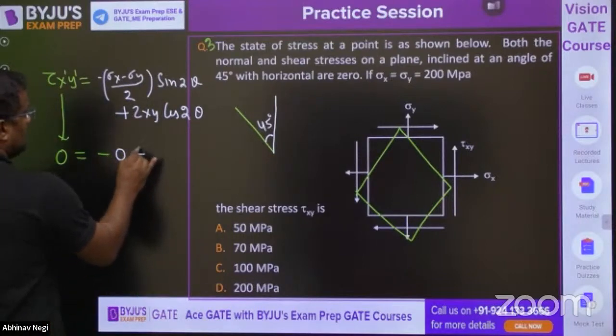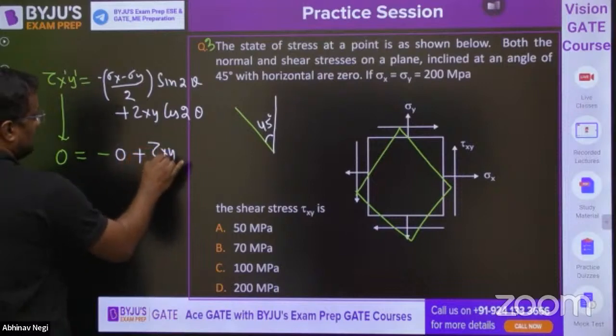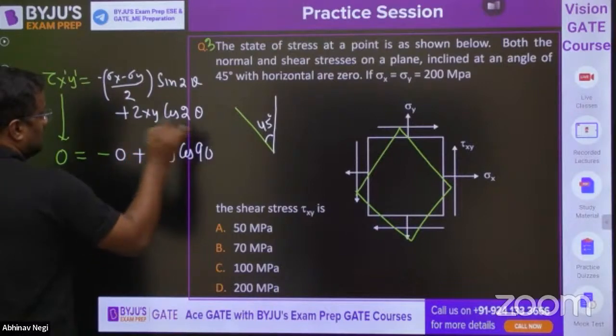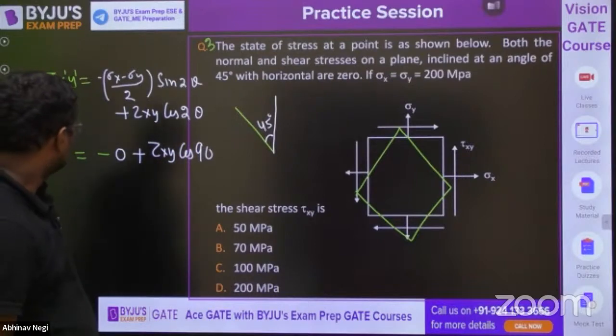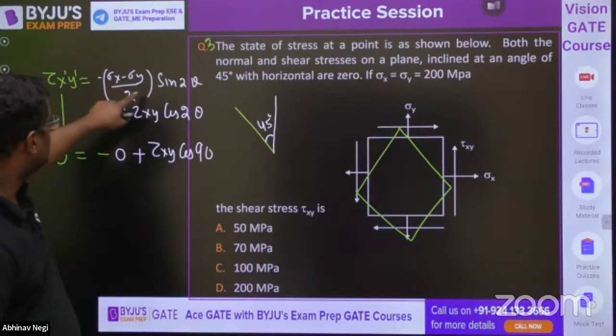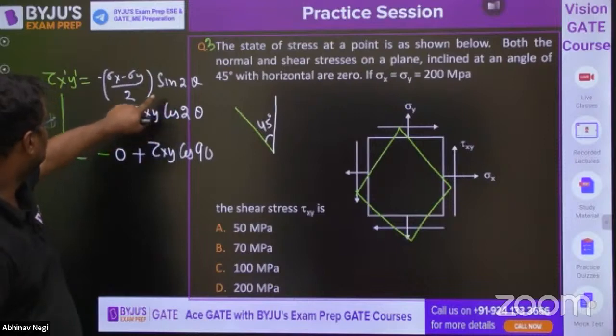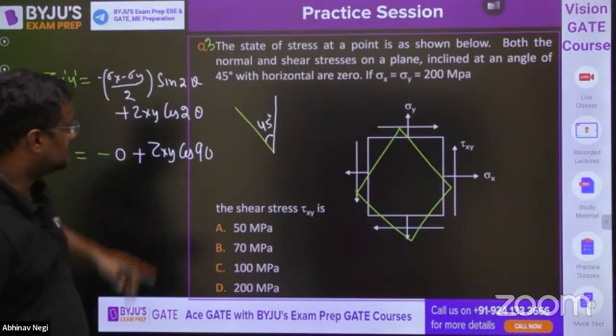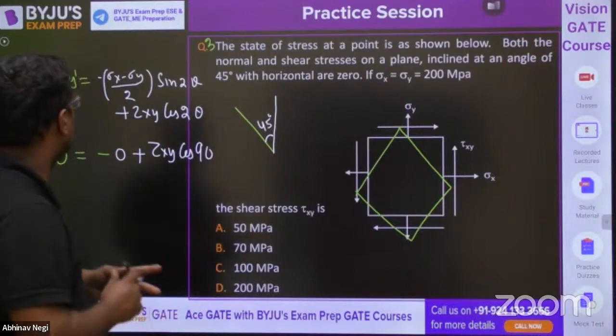So 0 plus tau xy cos 90. Okay, cos 2 theta. So from here, for any value of tau xy, it will be 0 coming now. Please check, are we making some mistake? Sigma x is 200 and it is also 200, by 2 into sine 2 theta. So this will be 0 plus tau xy cos 90.